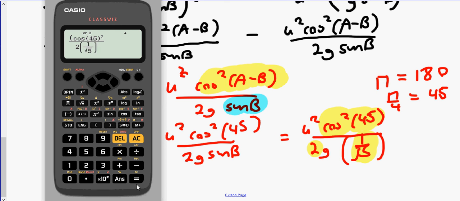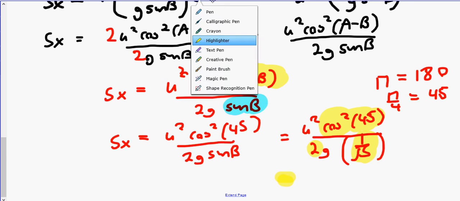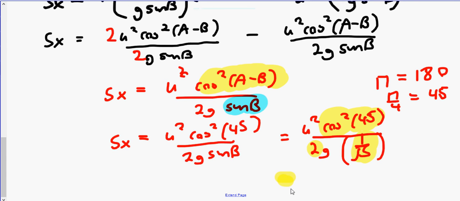And the answer is syntax error. I didn't close the bracket the second time. I should have had this on the outside of this. There you go, root 5 over 4. So the answer I'm getting is root 5 u squared over 4g. Alright? Cool. Question.